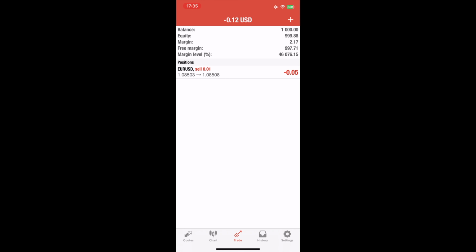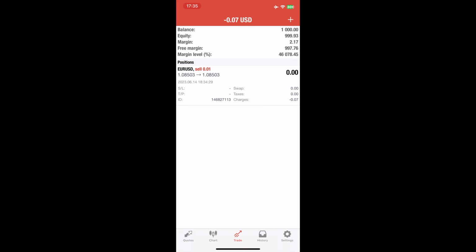As you can see, why are the numbers not the same? This is writing minus 0.12. That's probably going to be due to commission or charges. Some brokers do charge you per trade. Some brokers take commissions per trade, while some brokers do not. With Pepperstone, you have the opportunity to open a standard account or a Razor account. If you open a Razor account, that means you're going to be charged commissions per trade.